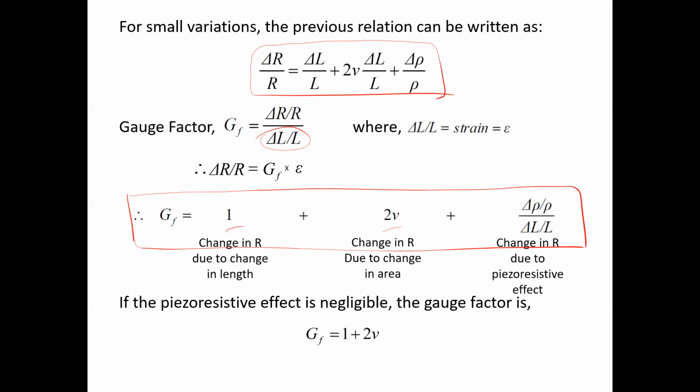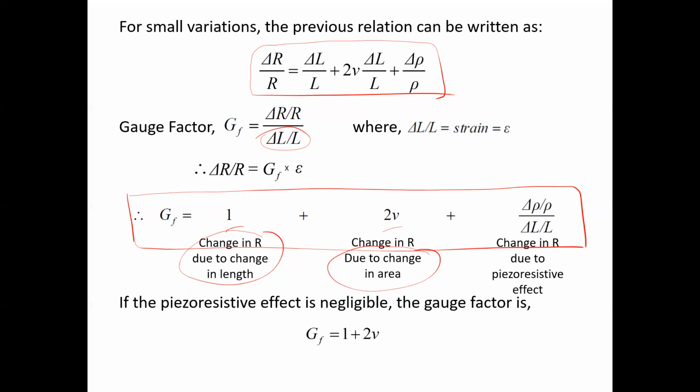Now, in this expression of the gauge factor, the three terms are indicating the changes resulting from three different quantities. So this first term results from the change in R due to the change in the length. If you remember the first expression that was written, then the second term is due to the change in the area, although we later represented it in terms of the diameter, then in terms of the length.